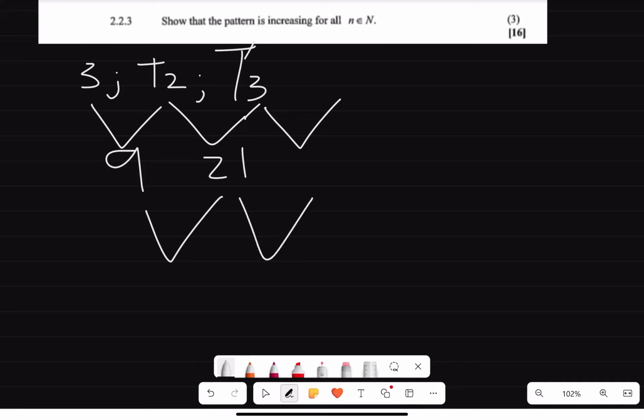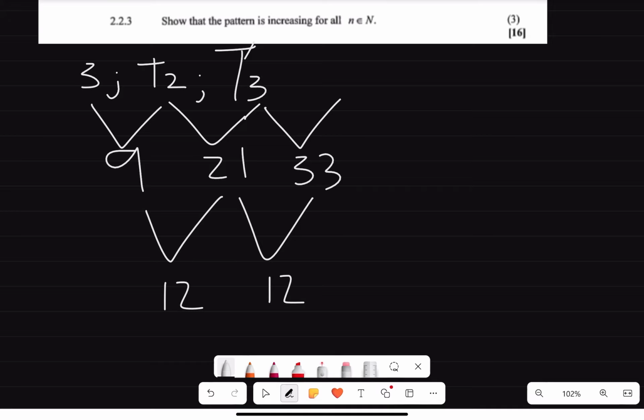Remember, the second difference is always constant. So we're going to say 21 minus 9, which is 12, which means here you're always going to have 12. So here you must have 33, so that when we say 33 minus 21, we get 12.